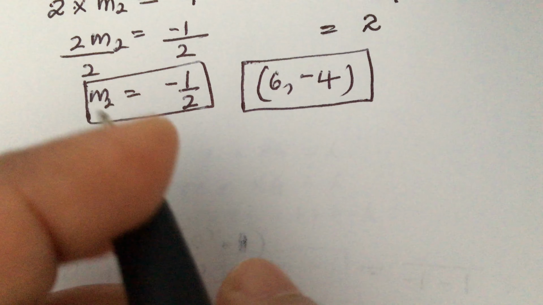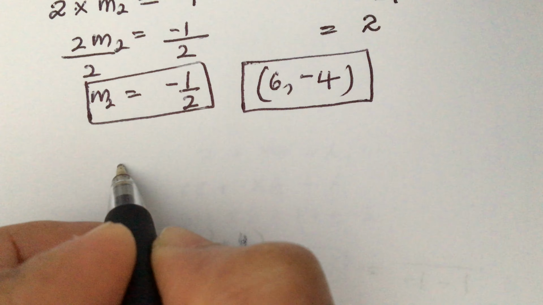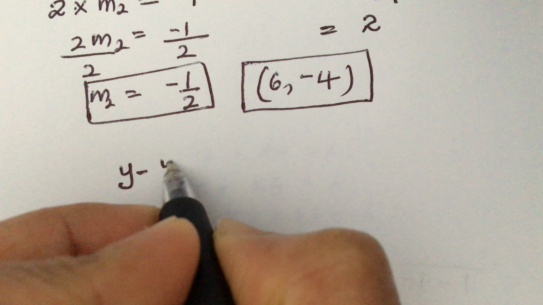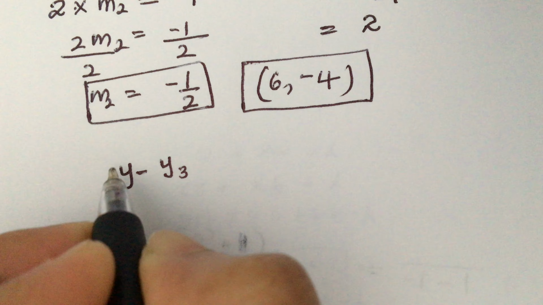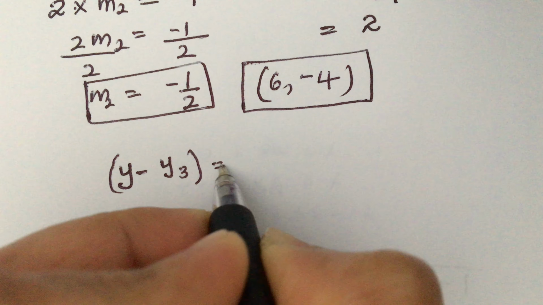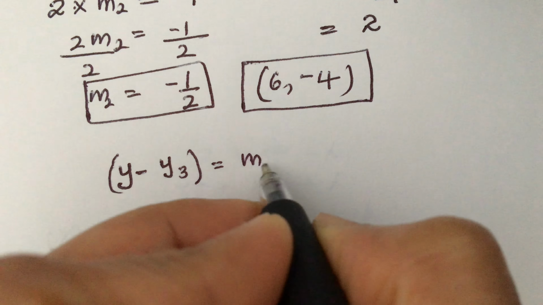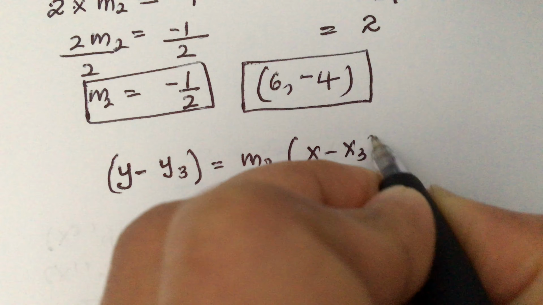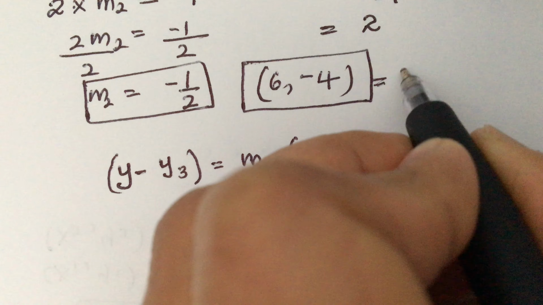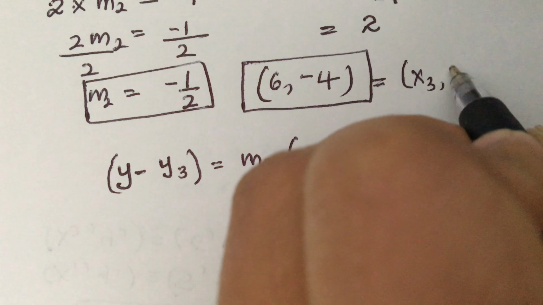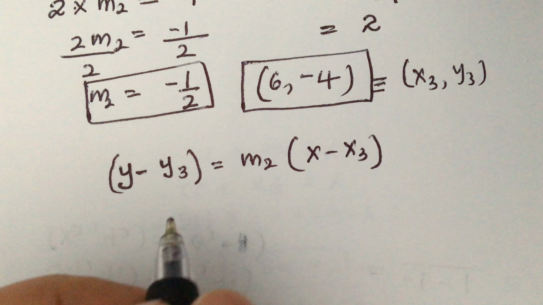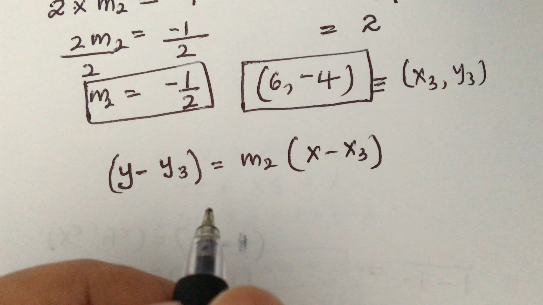You can use this formula: y minus y3 equals m, which is m2, times x minus x3. I'm going to use this point as the x3, y3 coordinate.